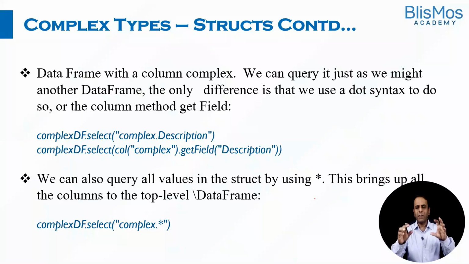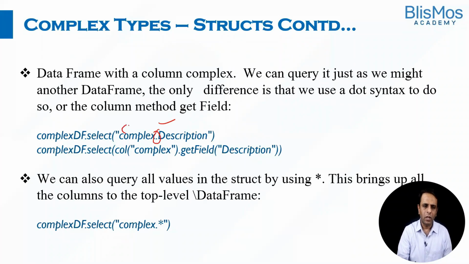Now, whenever we create the complex types or whenever we are trying to deal with the complex types, one of the very important things is how do we access the elements of the data which is embedded as a part of the complex types. Here, in case of struct, we can go ahead and use a dot notation.